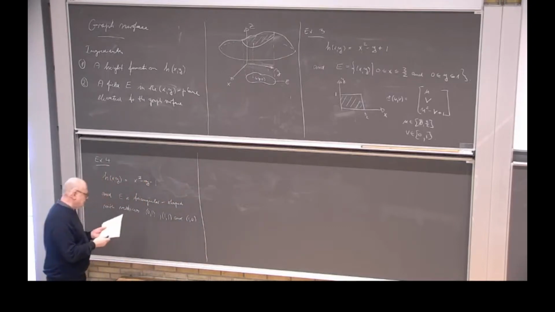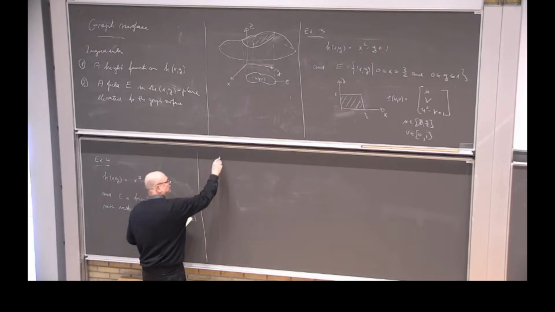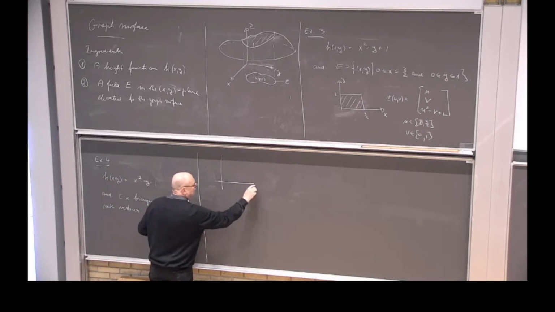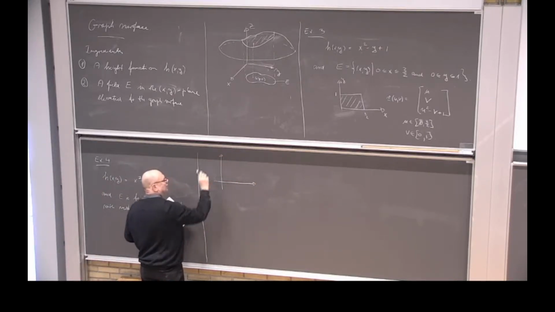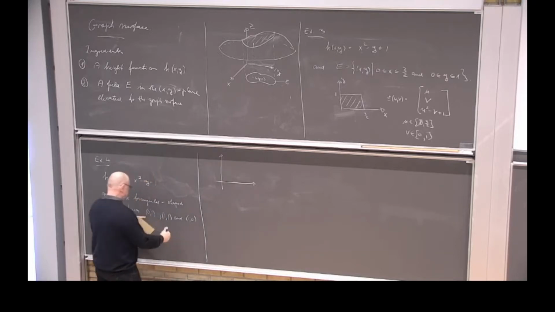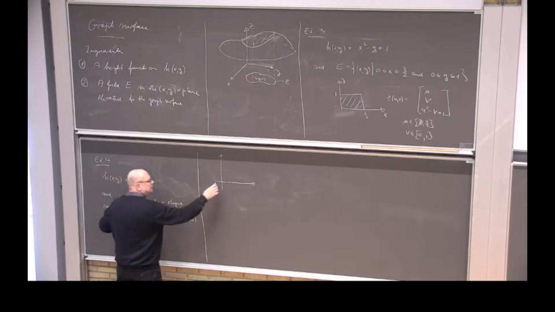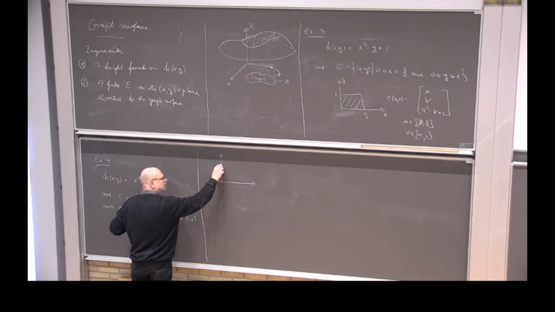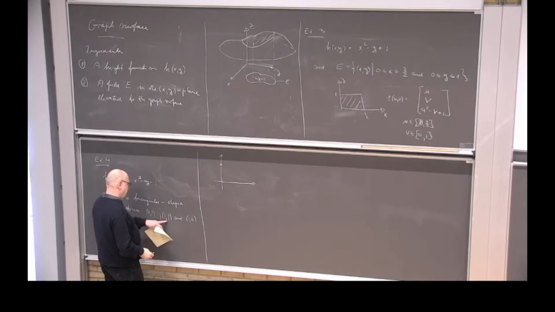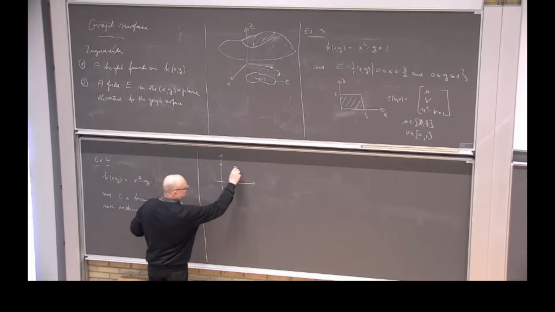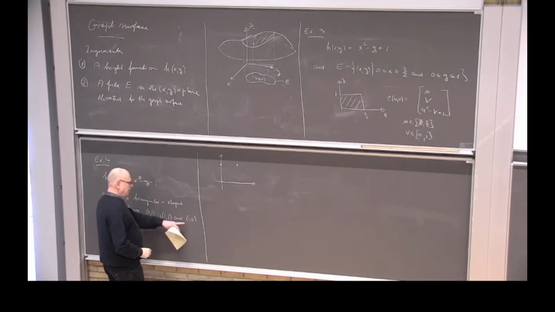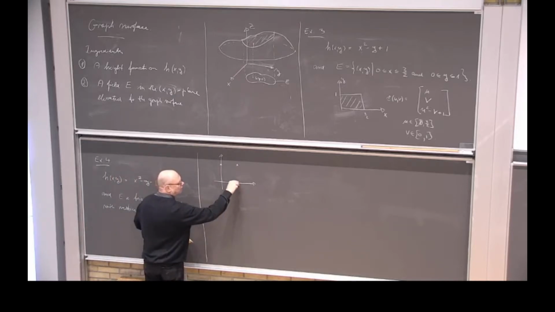So how does this field now look? Yeah, you should just plug in the vertices 0, 1 and then 1, 1 and then finally 1, 0. So these are the three vertices.